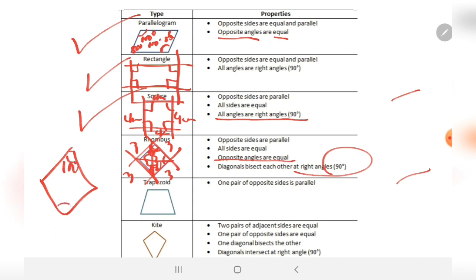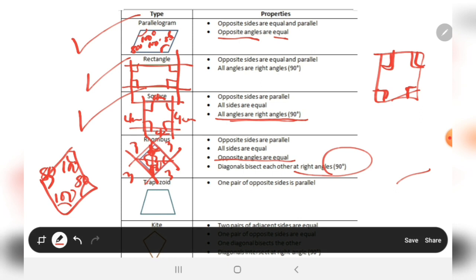For example, this is a rhombus. For example, this is 100, then this is 100. And if this is 80, then this should be 80. But in square, it should be 90. All angles are right, and that is 90, 90, 90, 90. Okay? Next.